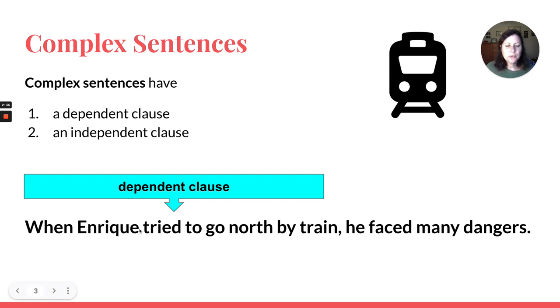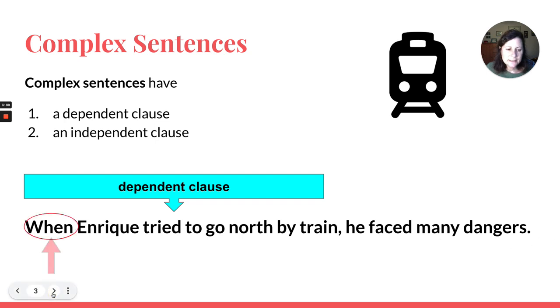When Enrique tried to go north by train, well, what happened when he tried to do that? I can't really put a period right here because the thought is not finished. Okay? So that's a dependent clause. It's like an incomplete sentence.